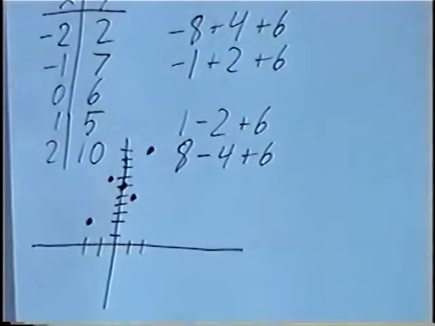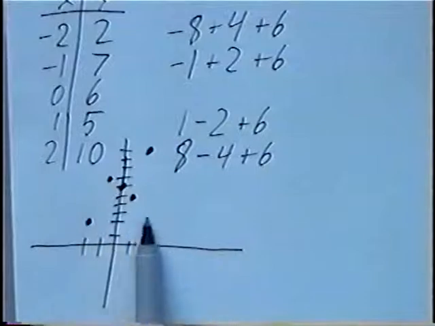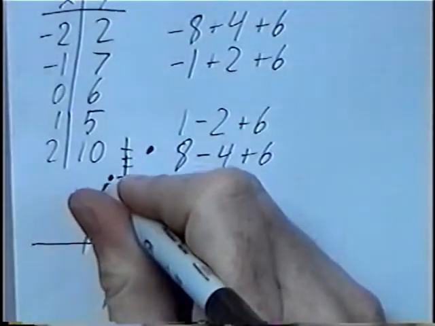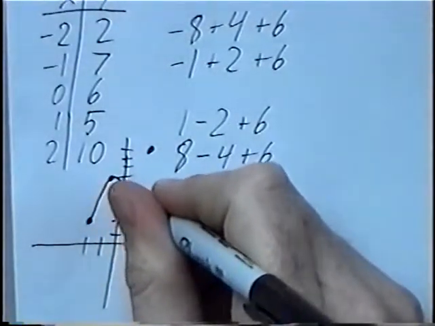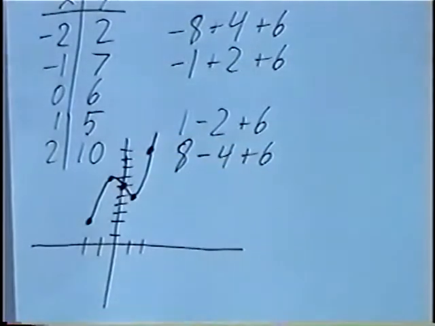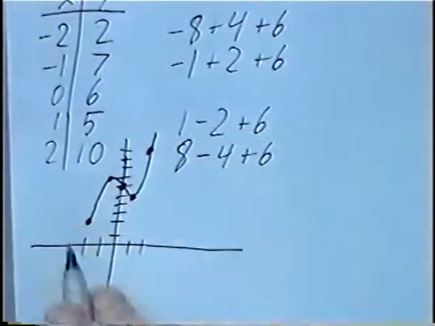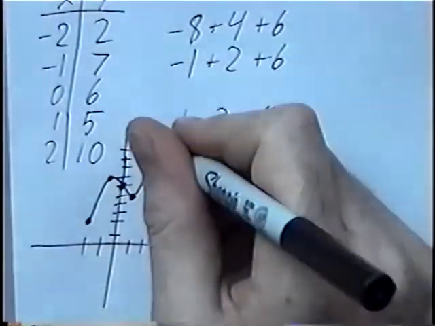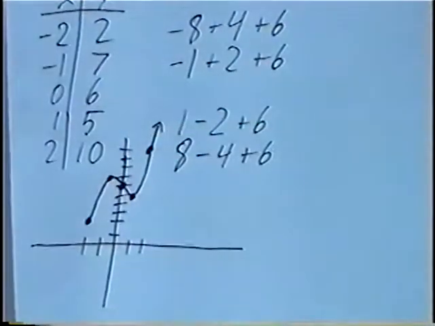Graphing the 5 points, we'll connect them in order from left to right that we graphed. And we'll get a shape that looks similar to the graph that we originally thought it would be, which is starting at the bottom left and going to the top right.